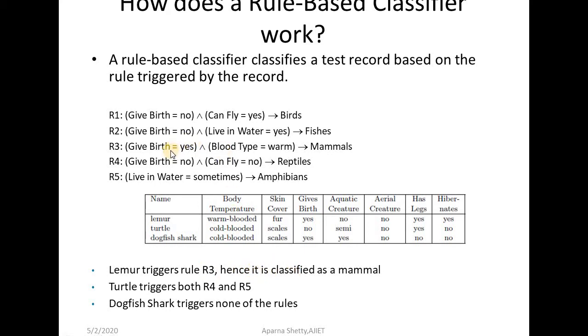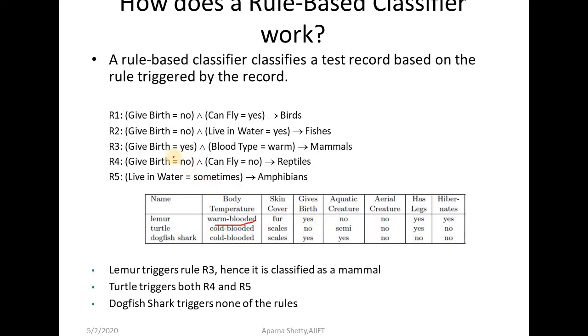In lemur, body temperature is warm blooded. Skin cover, that attribute is not there.